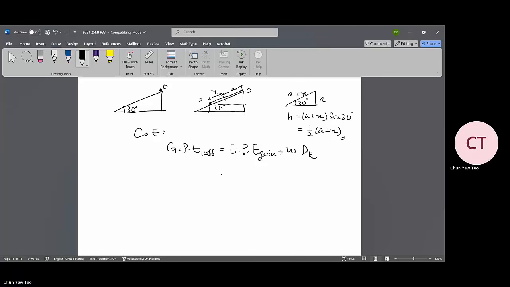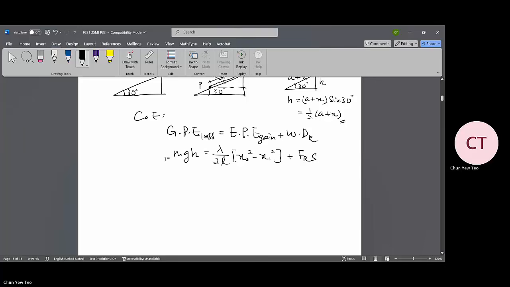Okay, so your formula will be mgh equal to lambda over 2l of x2 squared minus x1 squared plus F r multiplied by the distance traveled. This is the formula. What is the h? h we have just found just now. This is the h. So we just put the h inside.